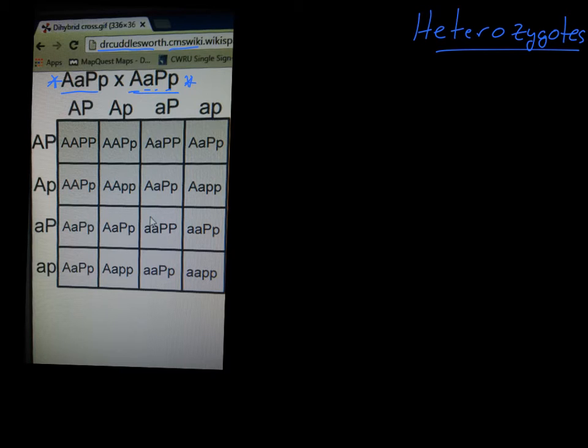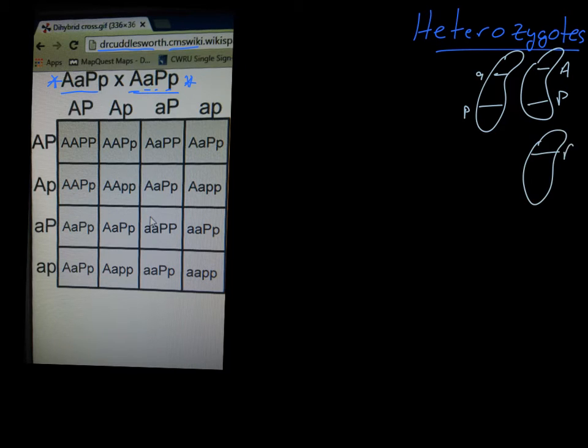Maybe they have a big A and a big P on one, and on the other one they have a little a and a little p. But because of crossing over, you can have all kinds of combinations, including big A with little p, and of course the opposite, which is little a with big P.